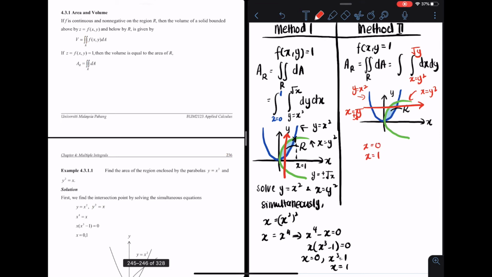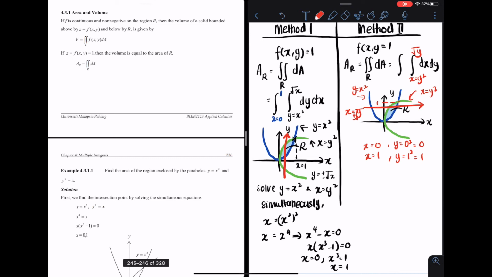Since we are talking about point of intersection, you can use either equation of the parabolas to determine the value for variable y or y coordinate. So when x is equal to 0, y is equal to 0 squared, which is 0. When x is equal to 1, y is equal to 1 squared is equal to 1. Therefore, the value here is 1.